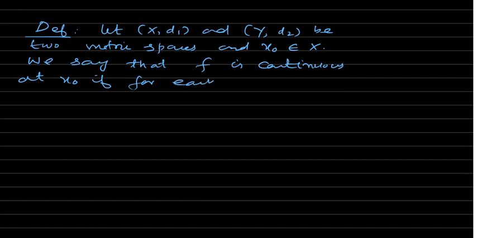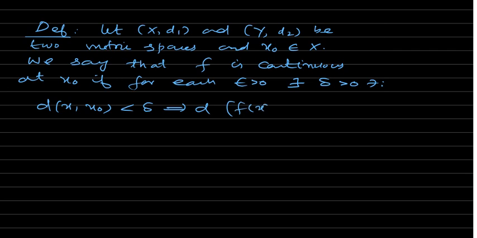for each epsilon positive there exists delta positive such that d of x, x naught less than delta implies d of f(x), f(x naught) less than epsilon.